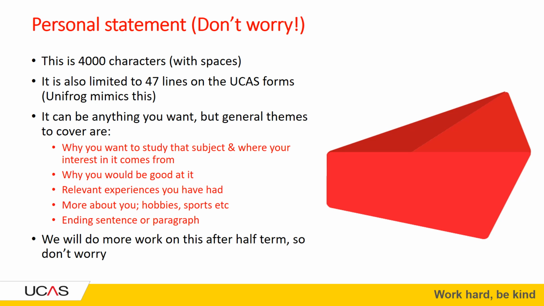So the basic themes to cover would be why you want to study that subject and where your interest in it comes from, why you think you'd be good at it, and any relevant experiences that you've had, whether it be university or work experience or anything else. Some stuff about you. Universities like somebody who is a rounded person and who they think is going to join some of their societies and clubs. So hobbies and sports and other things you do are quite important.